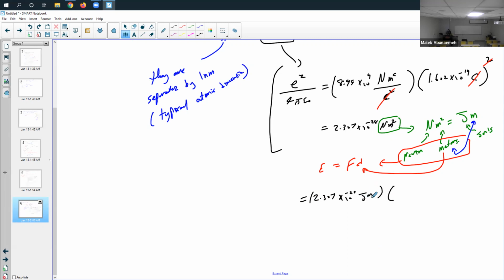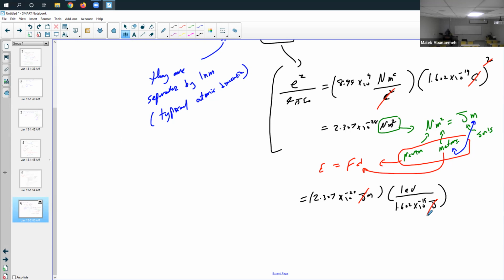We want to convert it to electron volts. And we said that 1 electron volt is 1.602 times 10 to the negative 19 joules. Now, looking at the units, your joules cancel out, so what you're going to have is electron volts times meter.